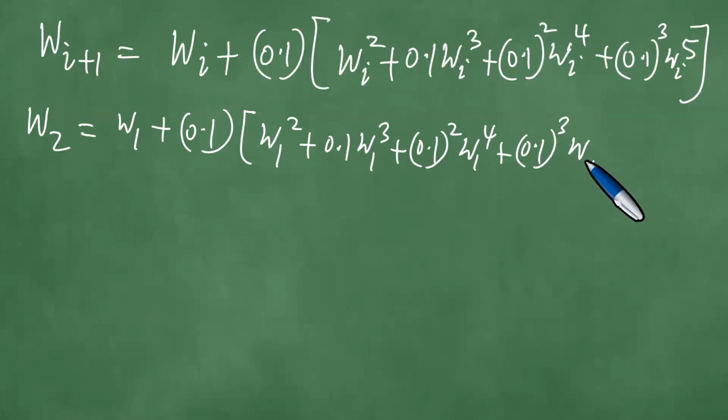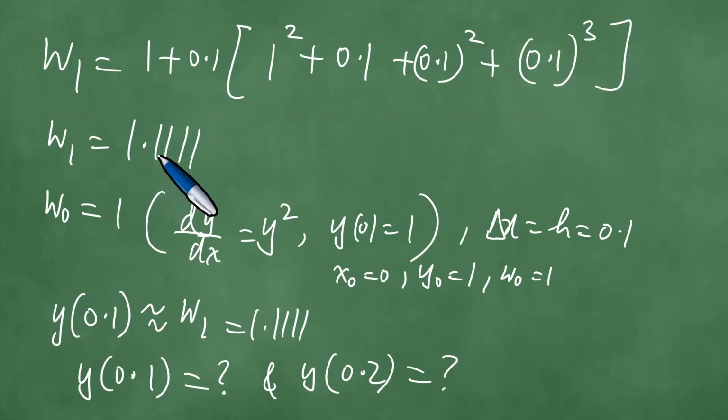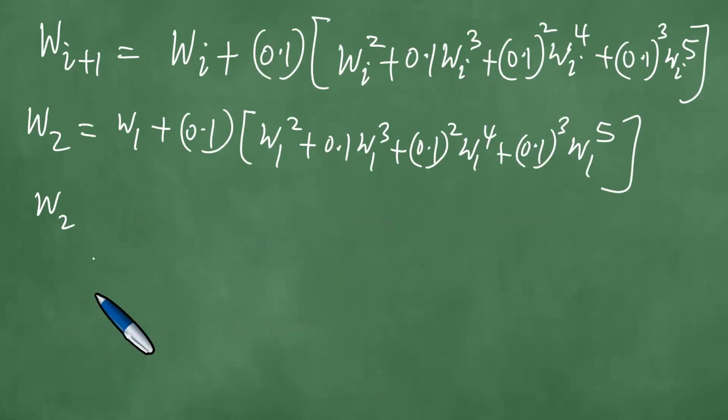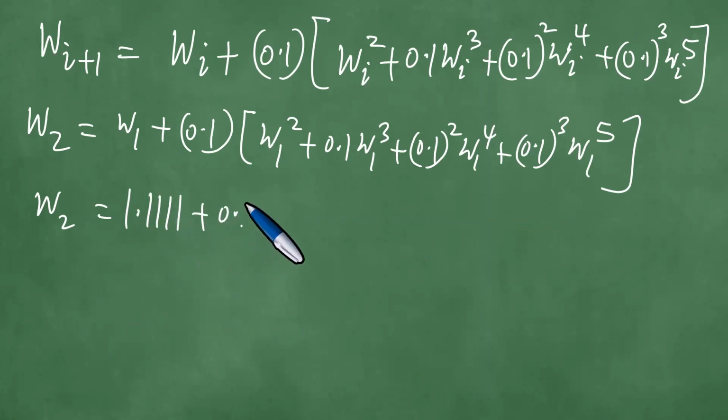Let's check that we did not miss any squares or anything. It looks okay. Now we just need to put in W1, which becomes the preceding one, and W1 is 1.1.